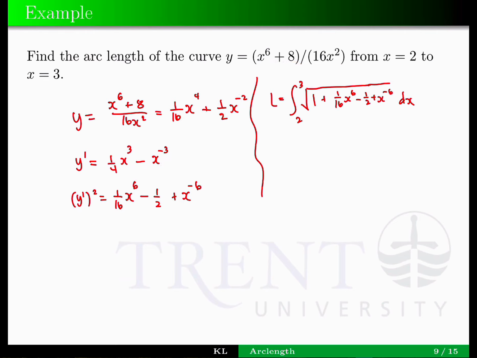And then here you have 1 minus 1 half. So you will have here integral from 2 to 3 square root of 1 over 16 x to the power 6 plus 1 half plus x to the negative 6 dx.